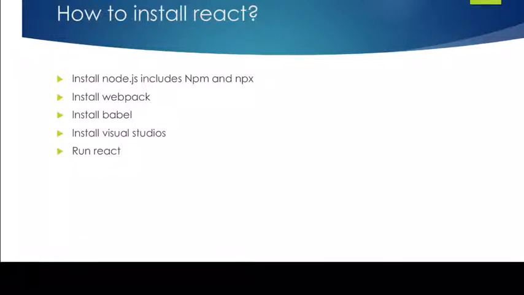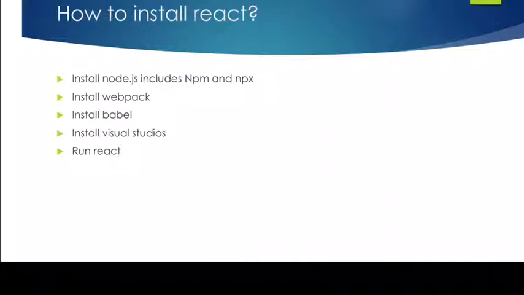What this is, it just has a bunch of programs in it that are going to help you install React. So it's the first thing you want to do. All you need to do is go online, look for Node.js, and it will come up. You want to make sure you're installing the latest version, because the latest version comes with Node, NPM, and NPX. These are all things that will help you in the installation of React.